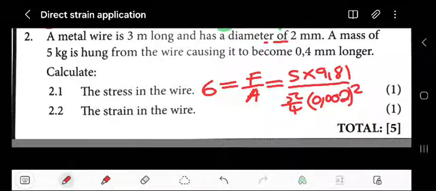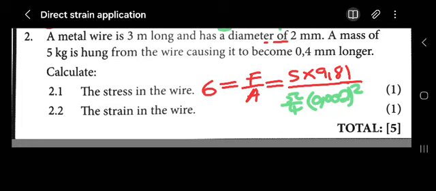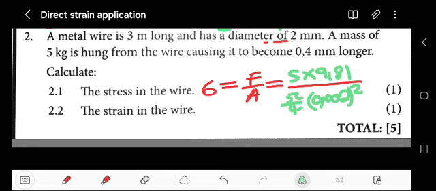You square this. If you punch all of this, 5 times 9.81 divided by pi over 4 into 0.002 squared, you'll get 15.613 megapascal. So this is what it is.